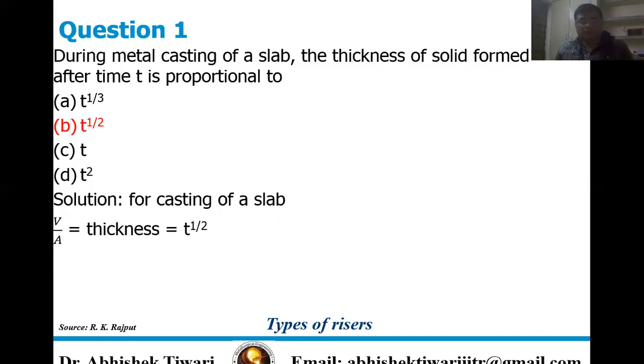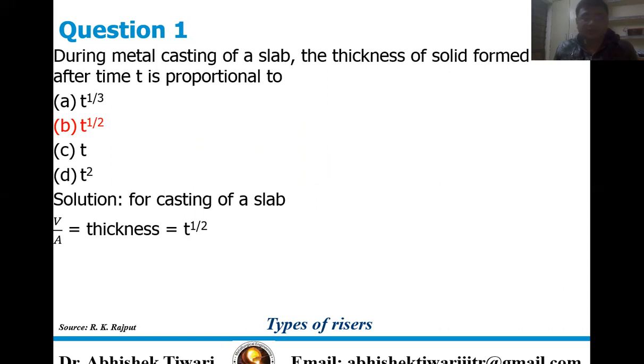So we will discuss some questions based on GATE examinations. Question 1: During the metal casting of a slab, the thickness of solid formed after time t is proportional to t raised to power 1 by 3, t raised to power 1 by 2, t raised to power 1, t raised to power 2.